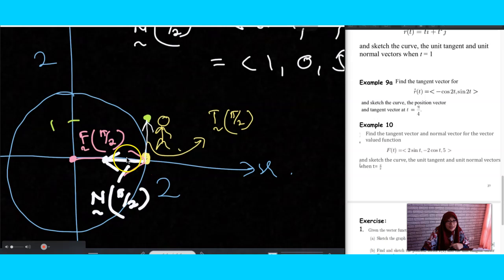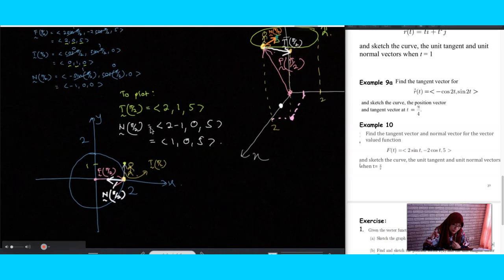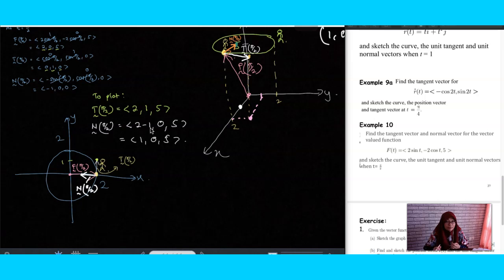And then the unit normal always points inside the curve. Okay, so hopefully you're clear with that. As I mentioned before, this is a favorite question during the exam.